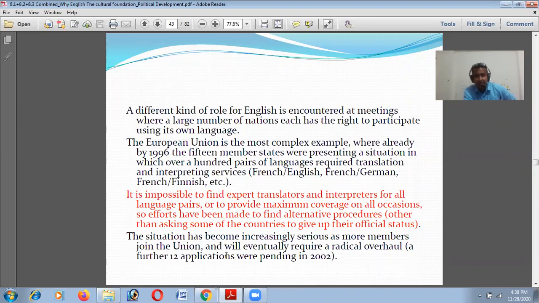But in case expert translators and interpreters are needed for all language peers, or to provide maximum coverage of all occasions, efforts have been made to find an alternative procedure other than asking some of the countries to give up their official status. So translation is a troublesome activity. Sometimes the translator cannot translate the language, or there is a lack of availability of the translator.